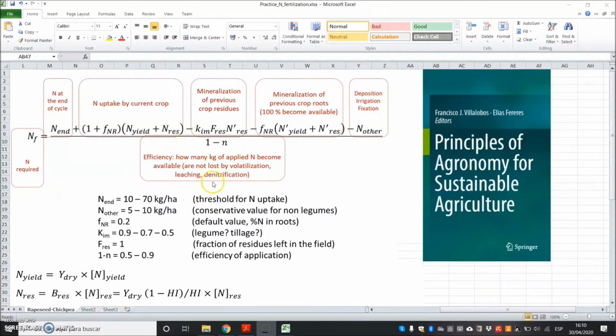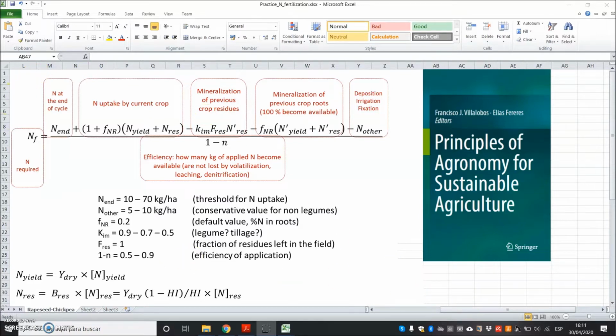This term takes values that can go from 0.5 to 0.9, depending on several factors that can be agronomical, like the decision on which fertilizers to use, and also the interaction with the environment. If we have a lot of rain, we will have an increased risk of leaching.